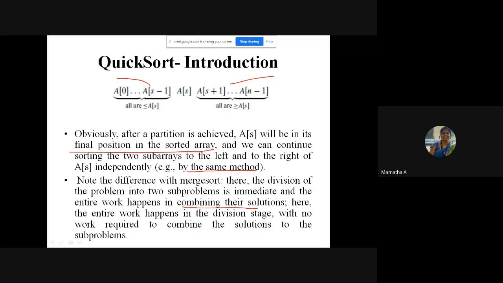You observe that, isn't it? But what about quick sort? Am I combining the solution anywhere, or am I simply dividing and making my work happen in the division stage itself? Students, any idea? Am I combining in quick sort?